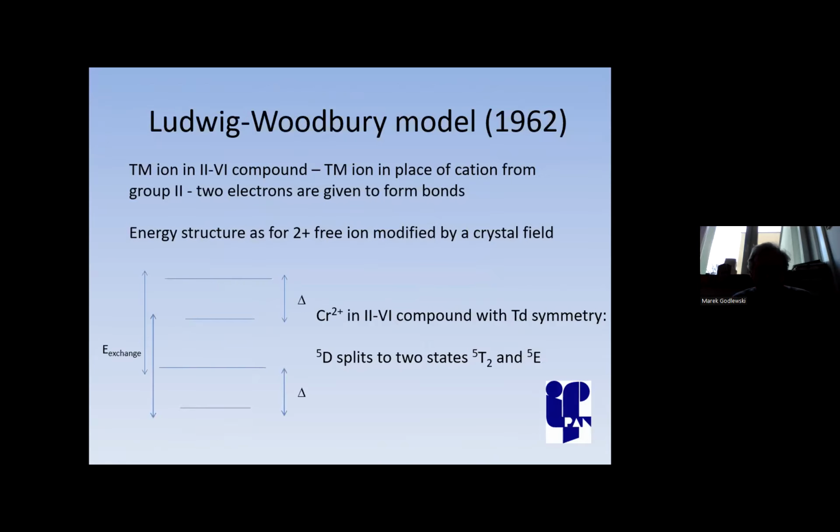So, for example, if we go to a case like the chromium ion, which was discussed to describe what we see in electron spin resonance, then 2 electrons are given to bonds, and then we should analyze how many carrier electrons we have. For chromium 2+, we have 4 electrons, and we just look at the splittings, and we can calculate, if we know the rules of quantum mechanics, what the energy terms will be.